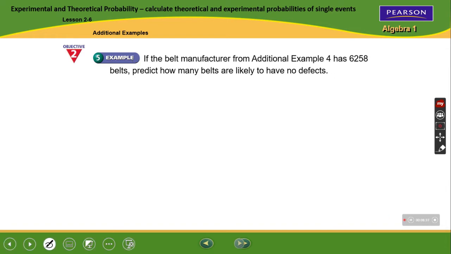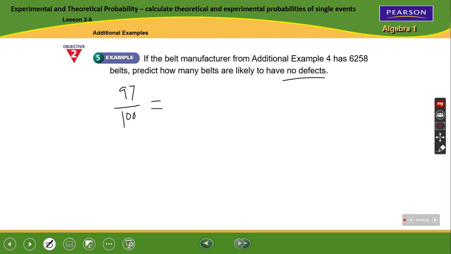If the belt manufacturer from additional example 4 has 6,258 belts, predict how many belts are likely to have no defects. Well, we know that, according to the previous page, 97 out of 100 was the probability to have no defects. So we can use that as a ratio to set up a proportion.